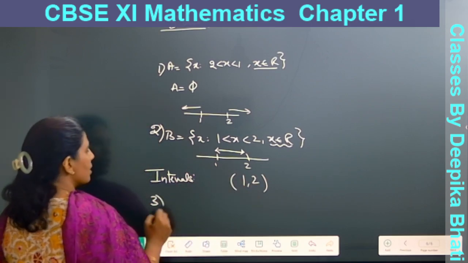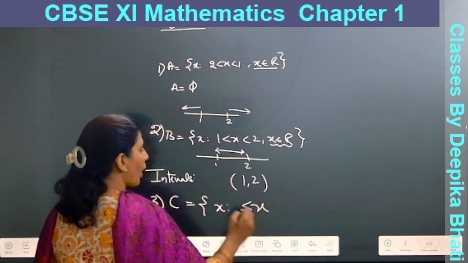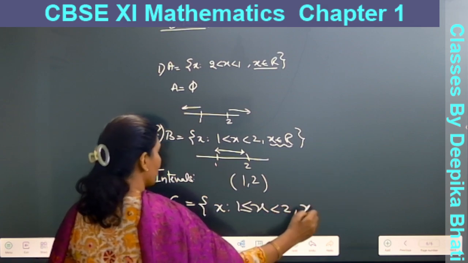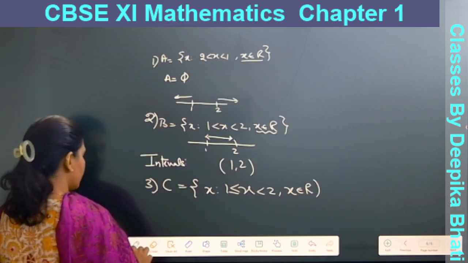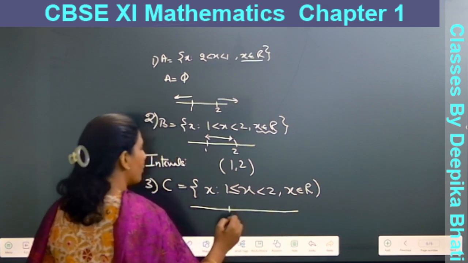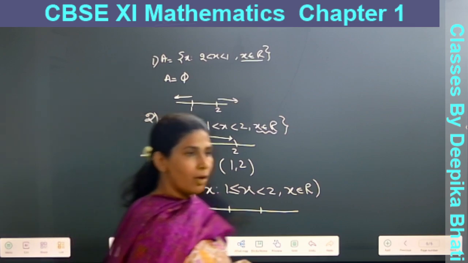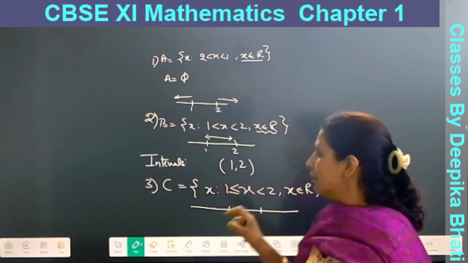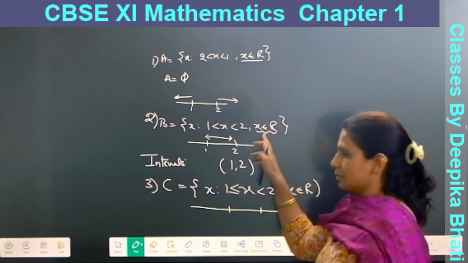But suppose I say I want to include 1 but not 2. So in that case, yes, right. I hope now you understand why we are using intervals instead of roster form, because here we fail to manage a roster form over the real numbers.